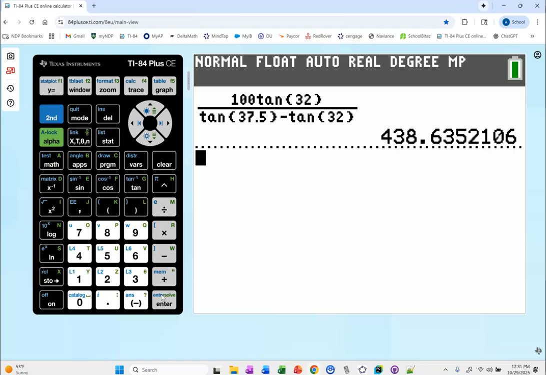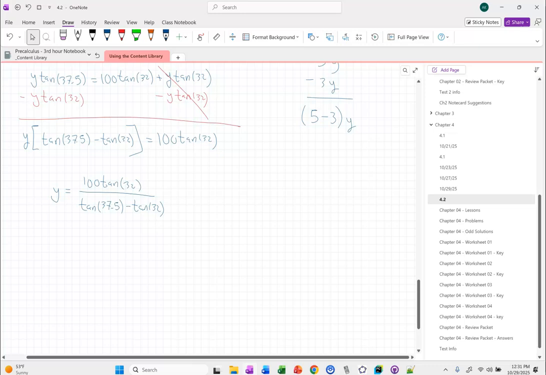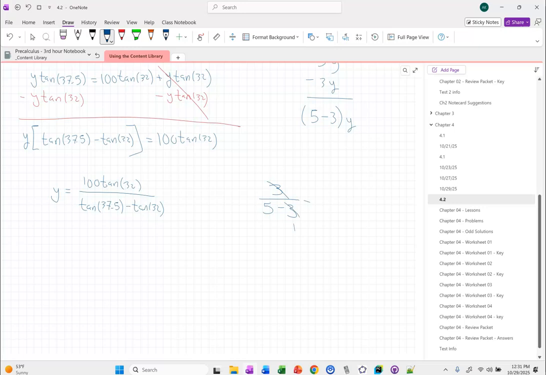Wait, why couldn't I take away the tan 32 on both sides? Like, they cancel each other out? Here, let me ask you this question. If I have 3 over 5 minus 3, can I do that and just say, oh, this is 1 over 4?